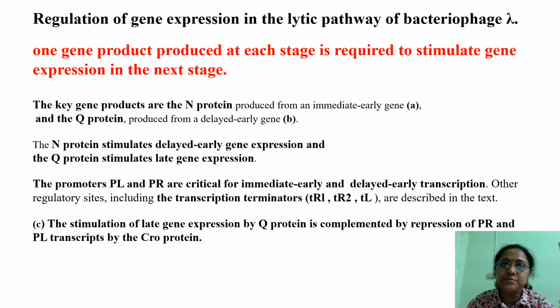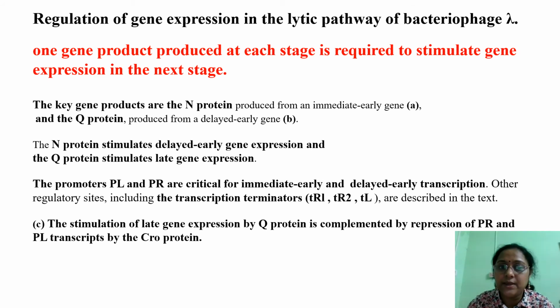Okay, so N is produced in the immediate early stage and it stimulates the delayed early gene expression, whereas Q is produced in the delayed early stage and it stimulates the late gene expression. Okay? So that means N and Q are vital for the lytic cycle to be established.